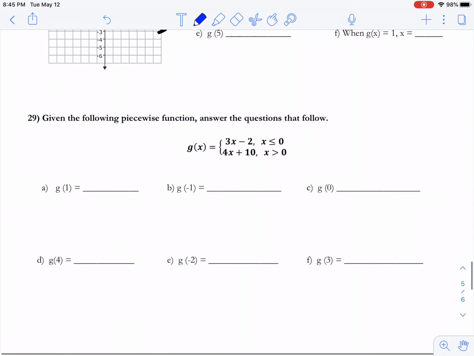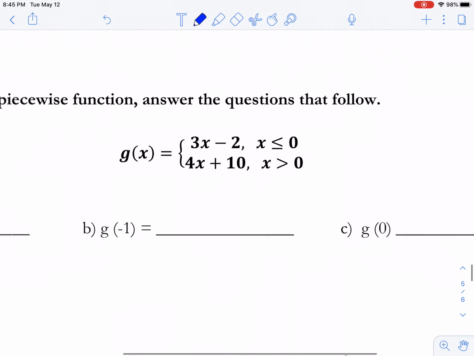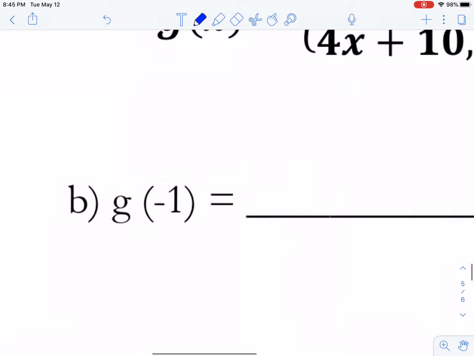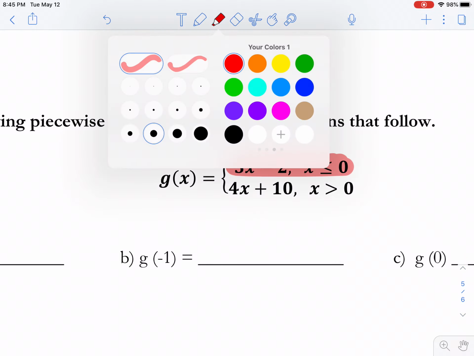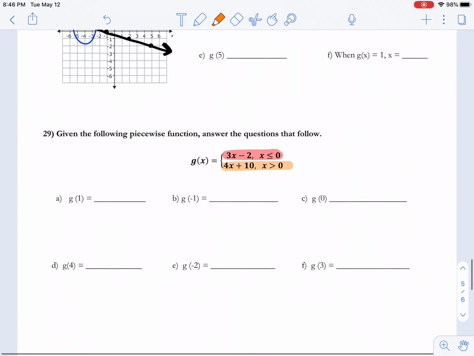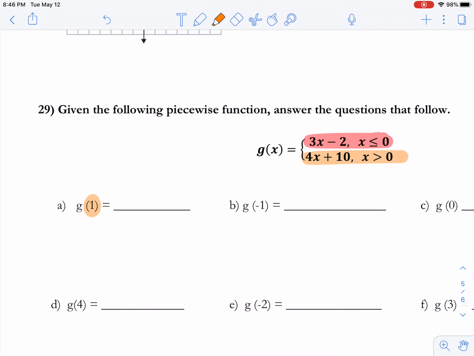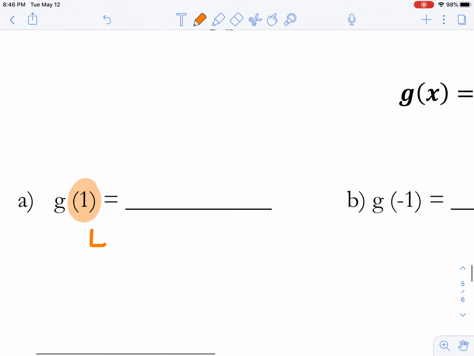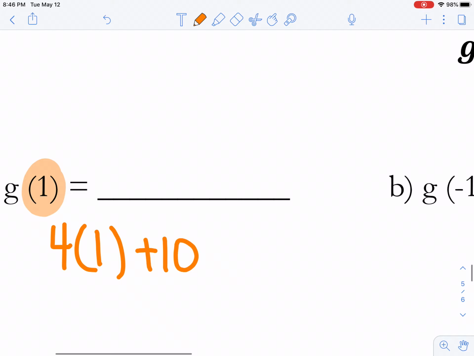And then for this one, I don't know how the video that you guys saw explained it, but the way I think of it is there's 2 categories here. There's the equation for x is less than 0 and the equation for x is greater. So since this number is greater than 0, it's going to be plugged into the orange equation, right? So I'm going to plug in 4 times 1, which is 4, plus 10 is 14.